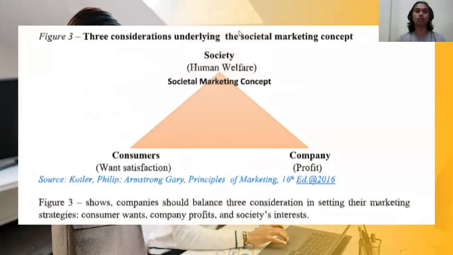And this could be explained best using Figure 3, the three considerations underlying the societal marketing concept, according to Philip Kotler and Gary Armstrong, in the 16th edition of Principles of Marketing, where it shows that companies should balance these three considerations in setting their marketing strategies.